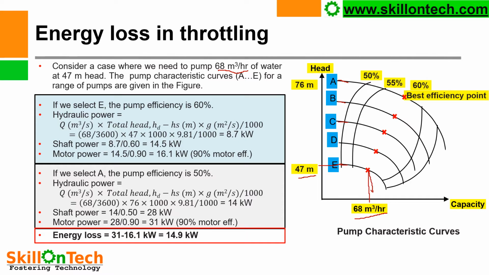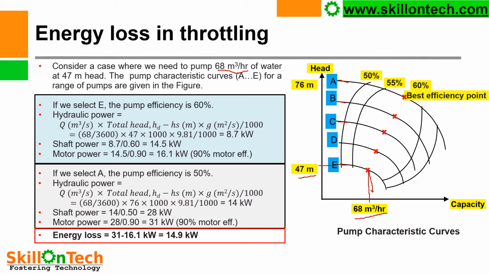So the hydraulic power will be calculated as 68 by 3600 into 47 into 1000 into 9.81 upon 1000, equal to 8.7 kilowatt. Shaft power equals 8.7 upon 0.60, as 60% is our pump efficiency, so power will work out to 14.5 kilowatt.